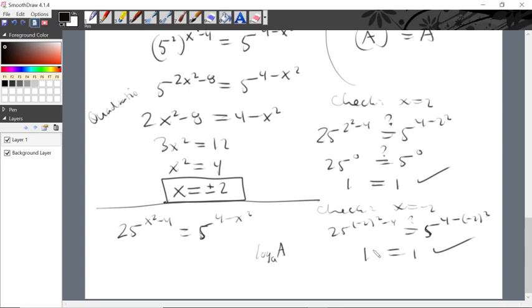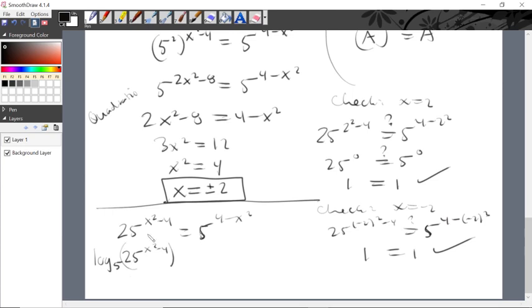But for convenience, I may want to choose a base that would allow us to cancel at least one of these two bases out. So I'm going to choose base 5. You could choose base 25 if you want. You can play around with different techniques and see that you'll get the same answer anyway. So I'll apply a base 5 logarithm to both sides of this equation right now.